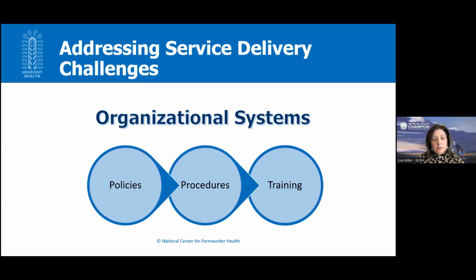And we'll talk about that in a couple of slides, but that's one way that we can look at these systems strategically and set some goals. And we can help you with that. But there are many things to consider when addressing these organizational systems. Some things to think about are your hours of operation, and do they meet what the needs are for the ag worker population?